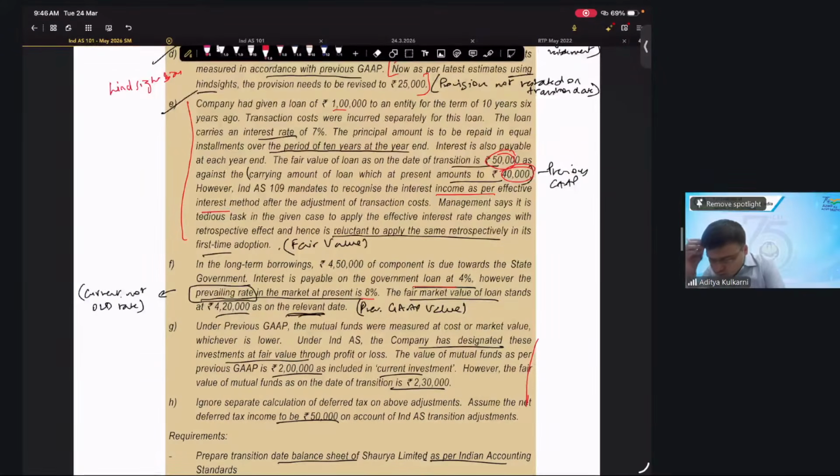Yes, the principal amount is to be repaid. Interest is also payable.